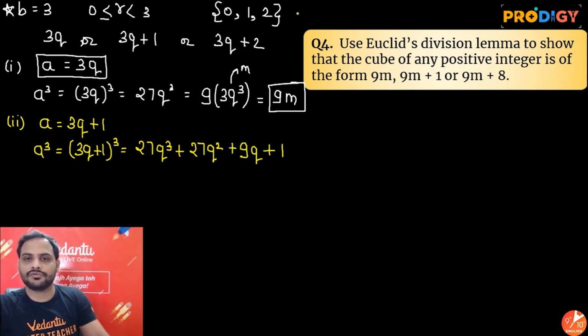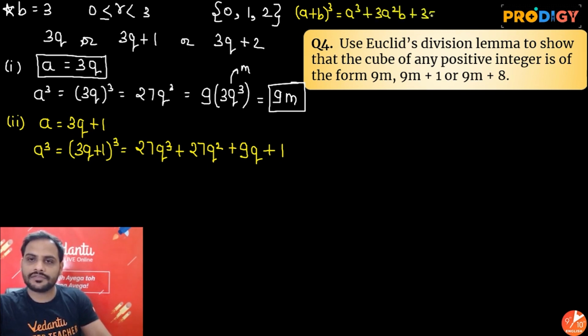I have used the a plus b whole cube formula here: a cube plus 3a square b plus 3ab square plus b cube. So 3q cube is 27q cube, 3 into 3q square into 1 is 27q square, 3 into 3q into 1 square is 9q, plus 1 cube is 1. Now look, beta, from the first three terms, I can take 9 common.